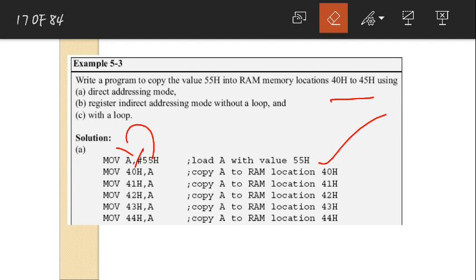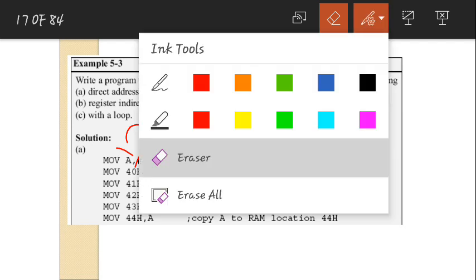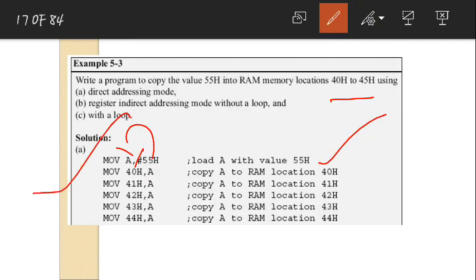This you can do whenever in the question he mentions: write a program to copy the value 55 into 5 RAM locations, any 5 RAM locations starting from 40H. If they mention that, then this program will be correct, because he is asking us to start from 40H and it should be 5 RAM locations from 40H, that is 40, 41, 42, 43, 44. But in this question he clearly didn't mention 5 locations anywhere.